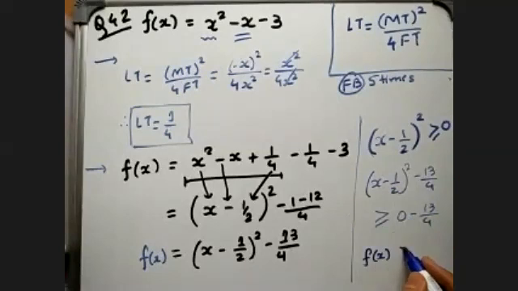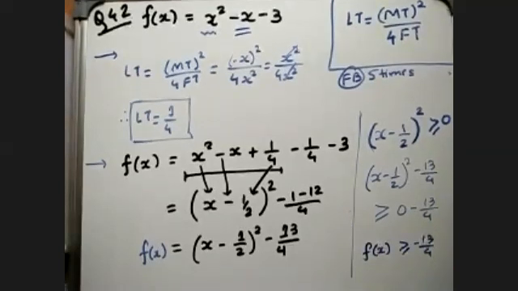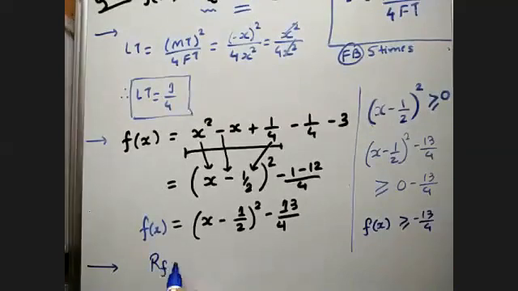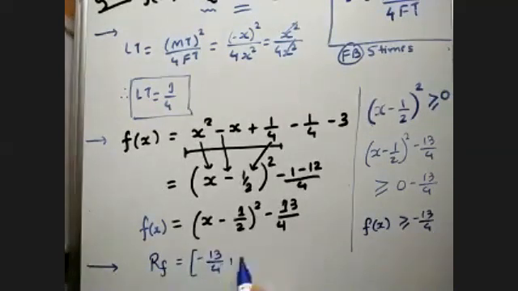So your f of x is always greater than or equal to minus 13 by 4. So here my range of f will be minus 13 by 4 to infinity, where minus 13 by 4 is also included. So this will be my final answer.